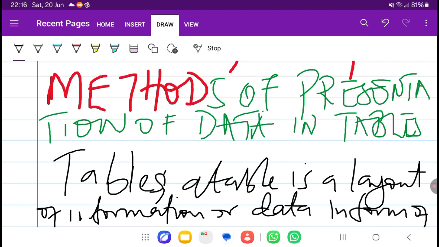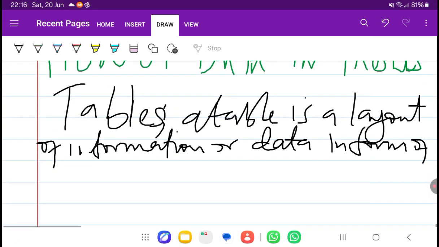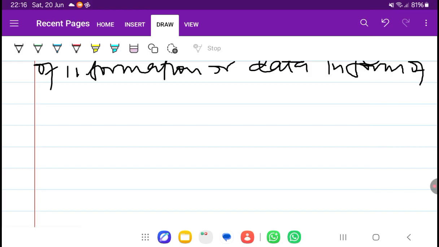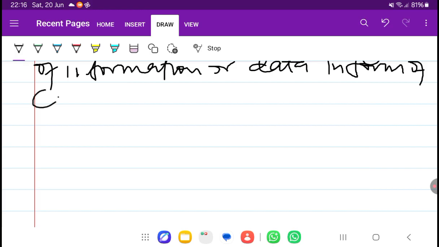A table is a layout of data or information in form of columns and then rows.